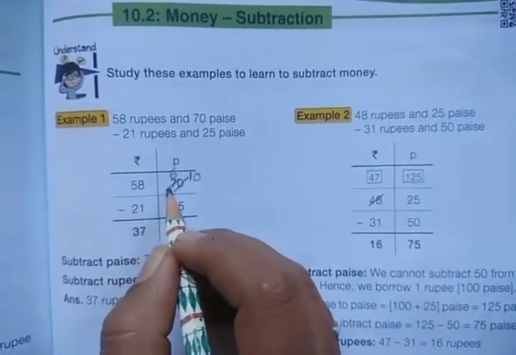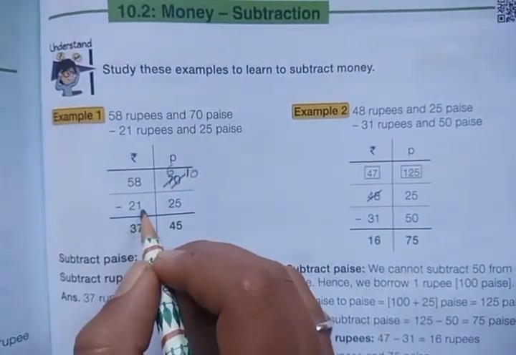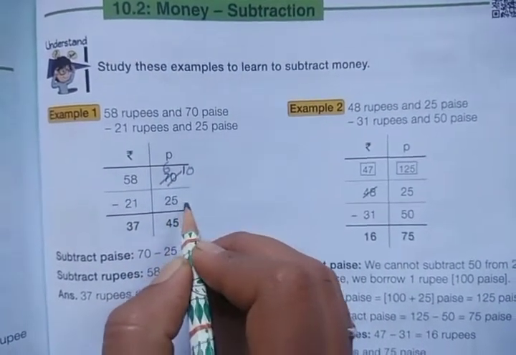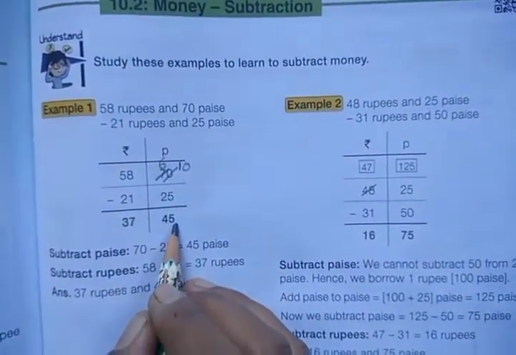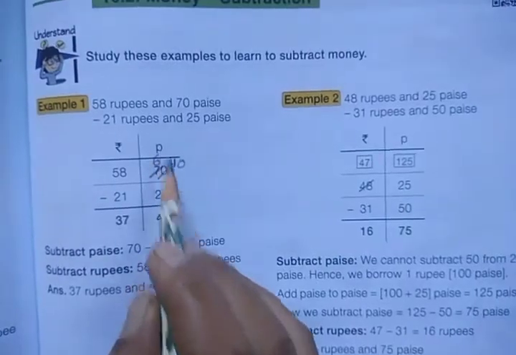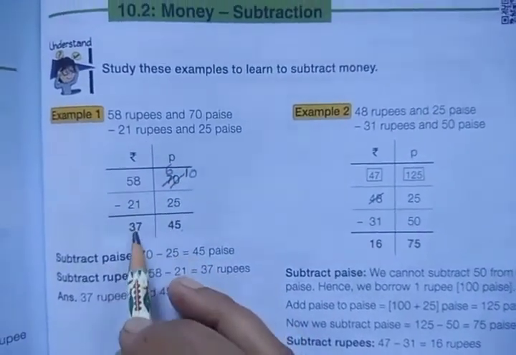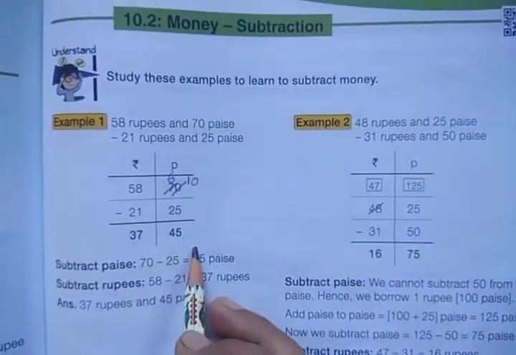So 58 rupees 70 paise minus 21 rupees 25 paise is equal to 37 rupees and 45 paise. We need to subtract the paise first, then rupees. Then write the answer.